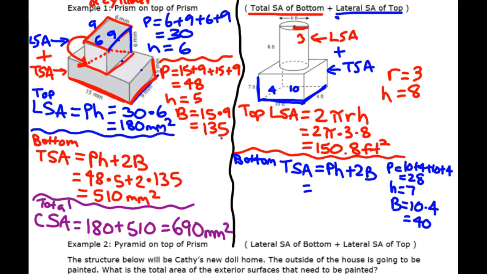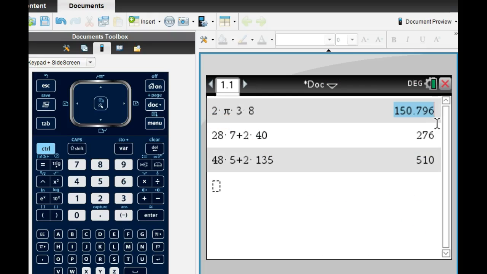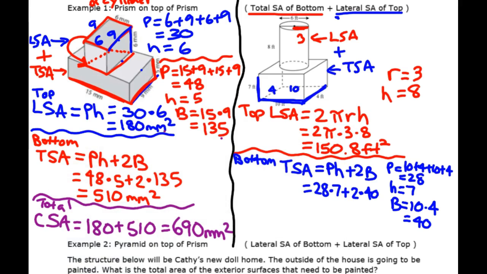So P is 28, H is 7, big B is 40. All we have to do is plug it in. So 28 times 7 plus 2 times 40. I have that here, and I got 276 for my TSA.